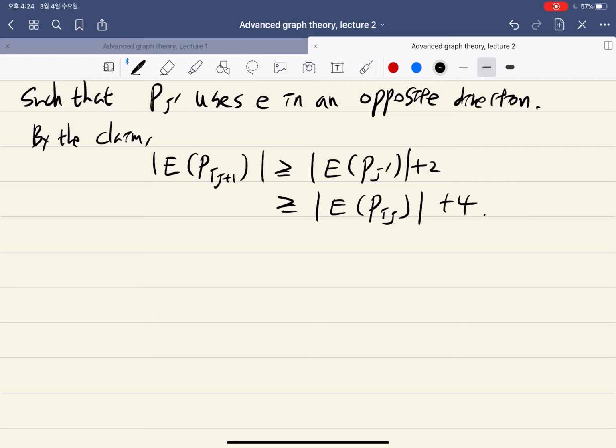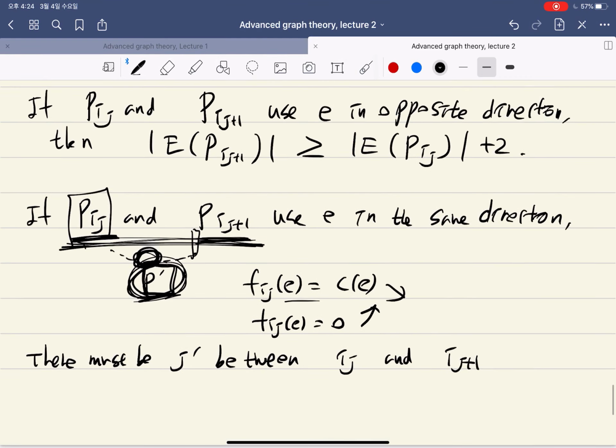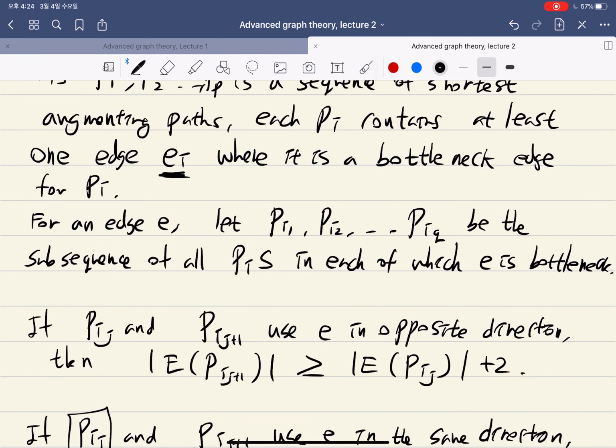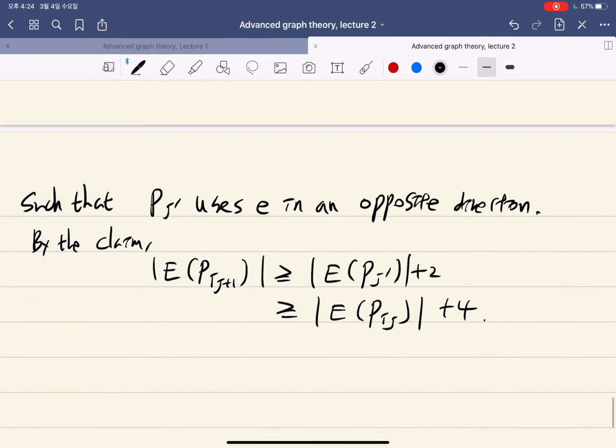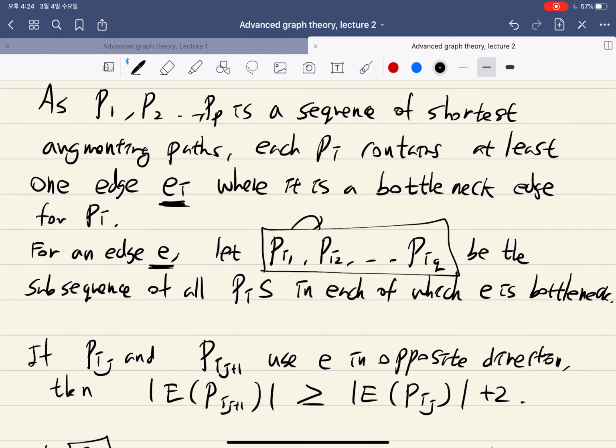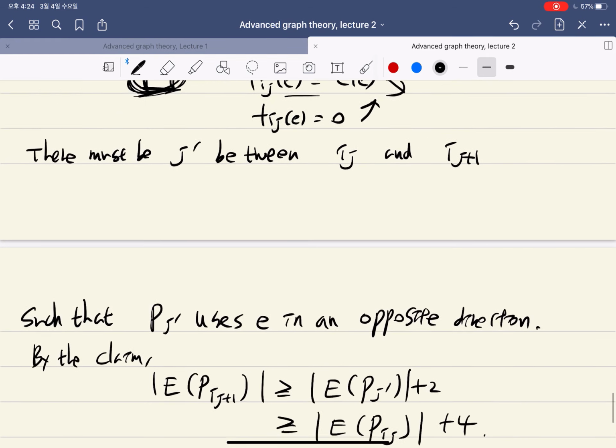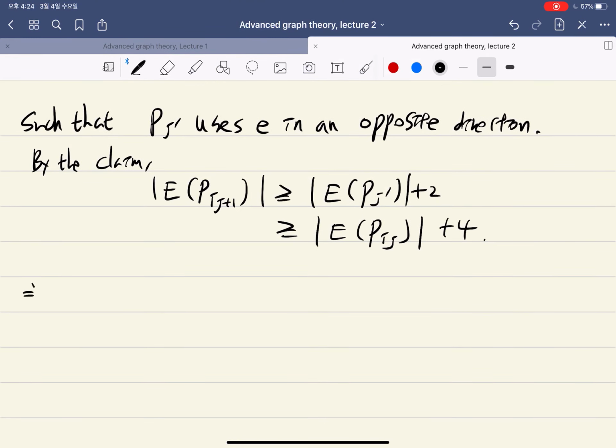So what does this mean? We assume that there are q many paths using E as a bottleneck edge, and we just showed that every time the length increases by 2, and the length cannot be bigger than n. So we conclude that this q is at most n over 2.